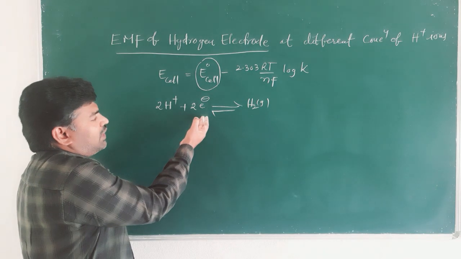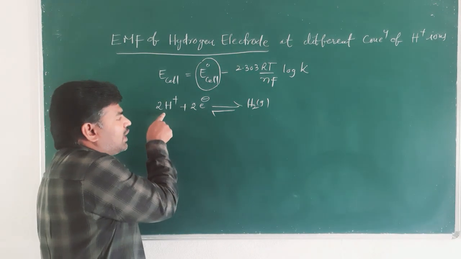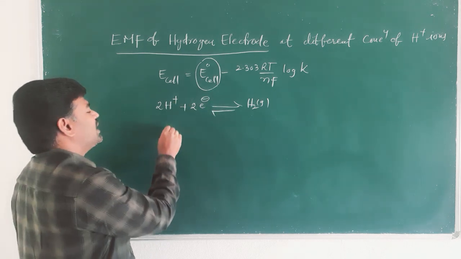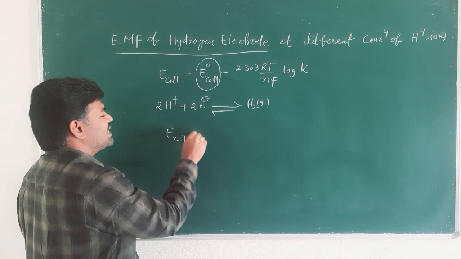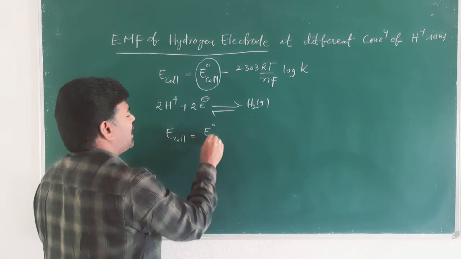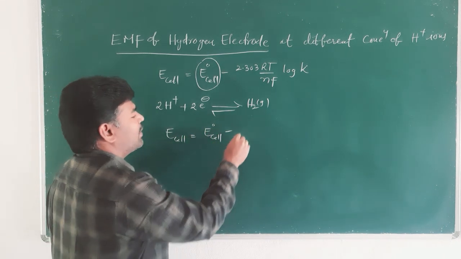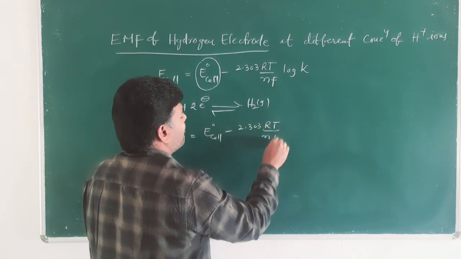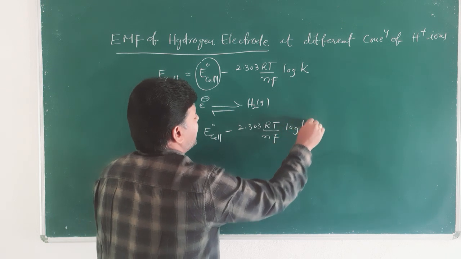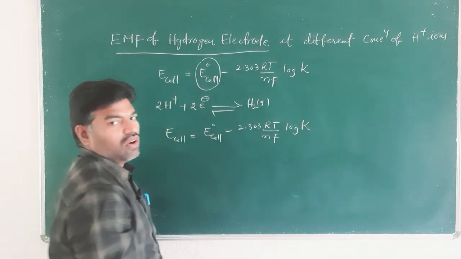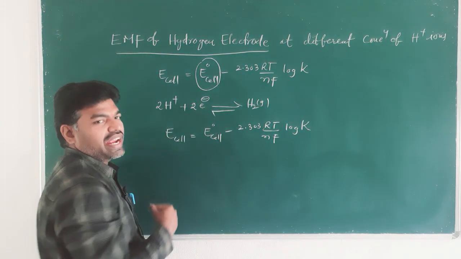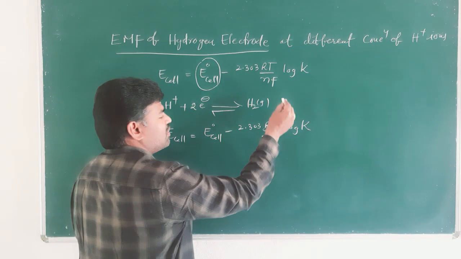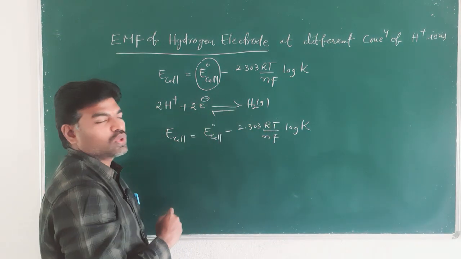Now we shall write the Nernst equation for this single electrode reaction. E cell is equal to E naught cell minus 2.303 RT by nF log K. Here K is the equilibrium constant of this reversible electrode reaction.